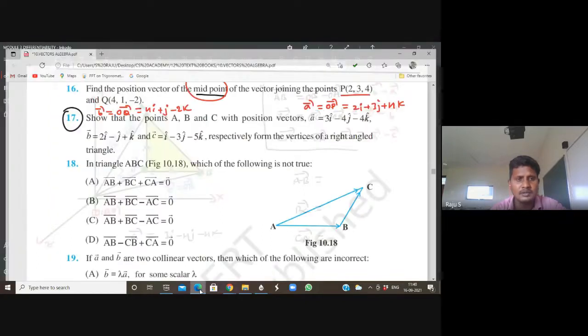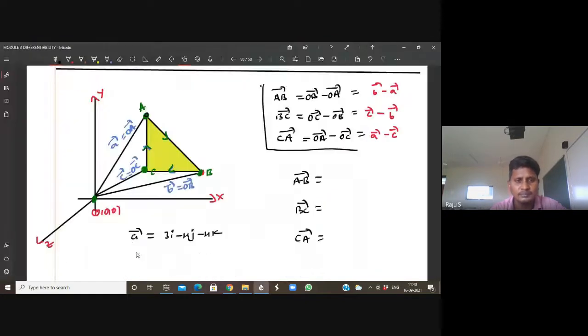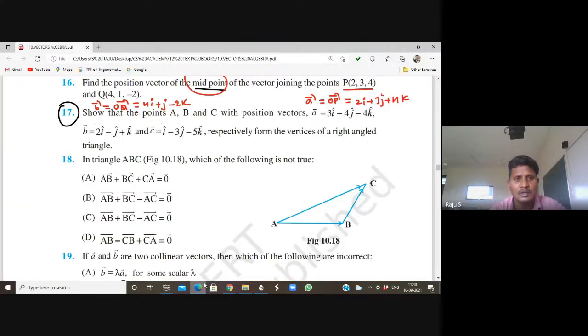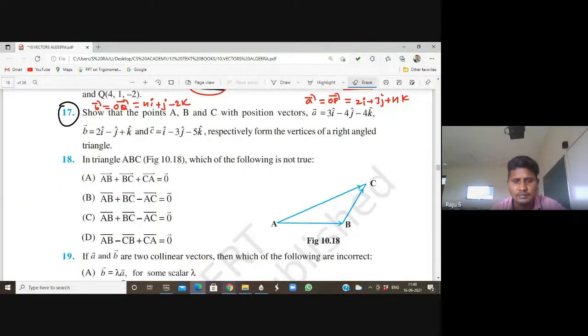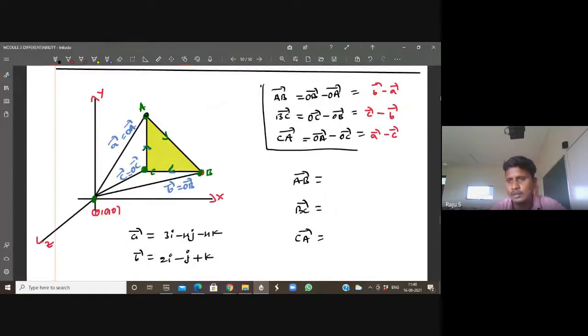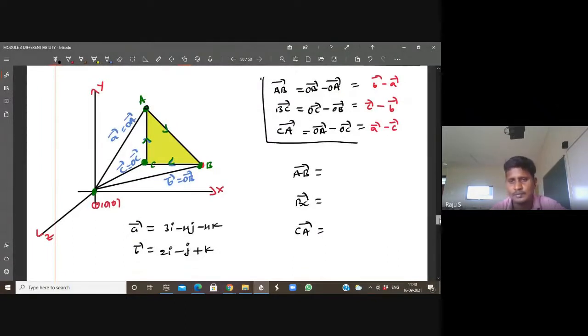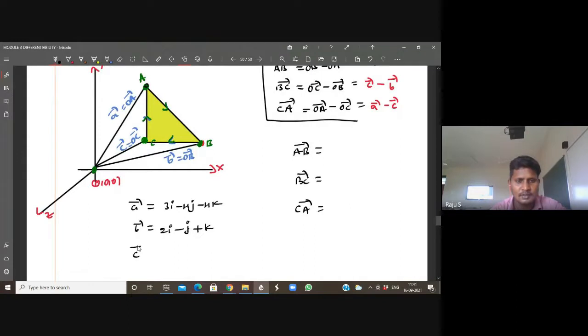Then the B vector is 2, minus 1, 1. The C vector is 1, minus 3, 5.